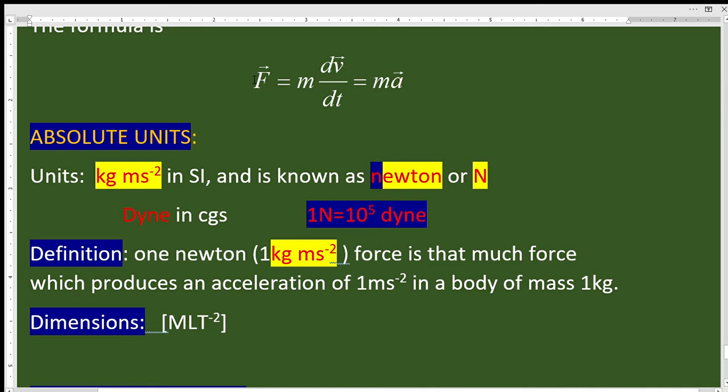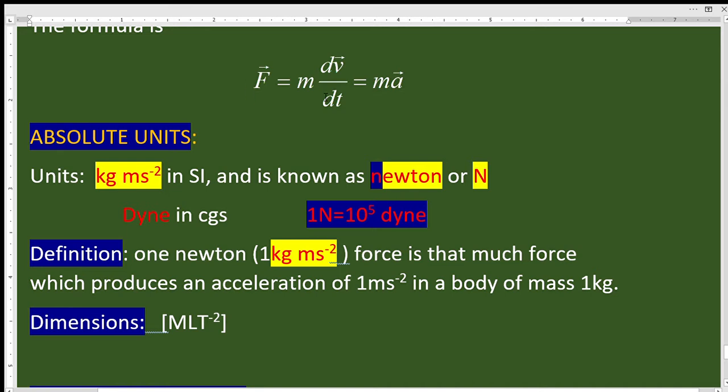This is something like a riddle, where you find the language for that riddle, not the actual language. So when F is equal to ma, that means when there is force, there is acceleration. When there is acceleration, there is force. Without force, no acceleration, and if there is acceleration, there is force.